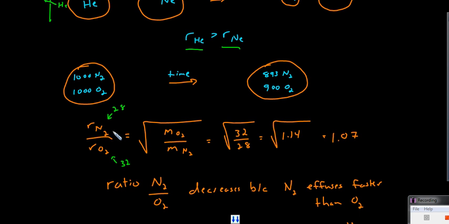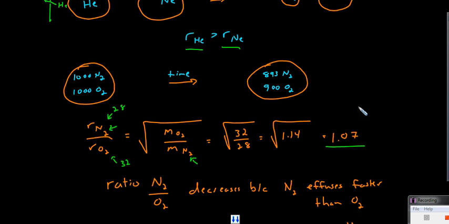How many times faster will it effuse out? Again, because nitrogen is at the top in our rate equation, where we usually put the lighter one, we're going to use its molar mass at the bottom in this part of the equation. People make frequent mistakes there. Plugging in the molar masses of these compounds, we get that nitrogen effuses 1.07 times as fast as oxygen.